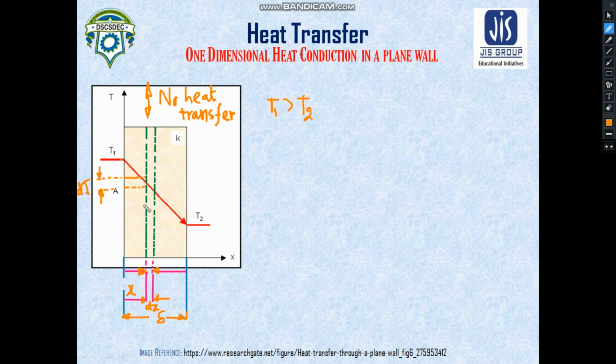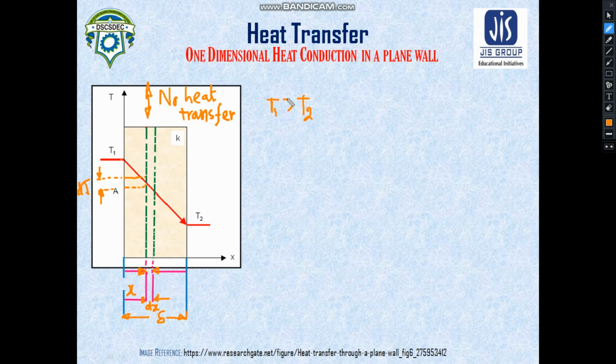So let us take a strip of this plane wall whose thickness is dx, and within this region the temperature difference is dT. So let us consider this temperature difference as dT.